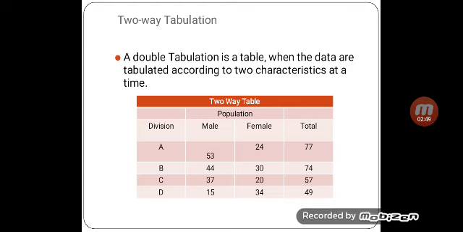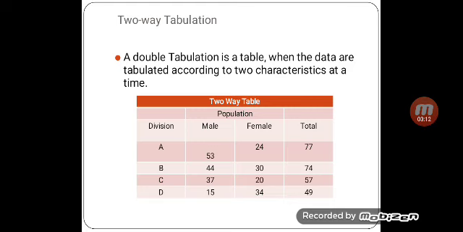Next is two-way tabulation. What is two-way tabulation? Two-way tabulation is also known as double tabulation or cross tabulation. A double tabulation is a table where the data are tabulated according to two characteristics at a time. In this chart you can understand what two-way tabulation is.